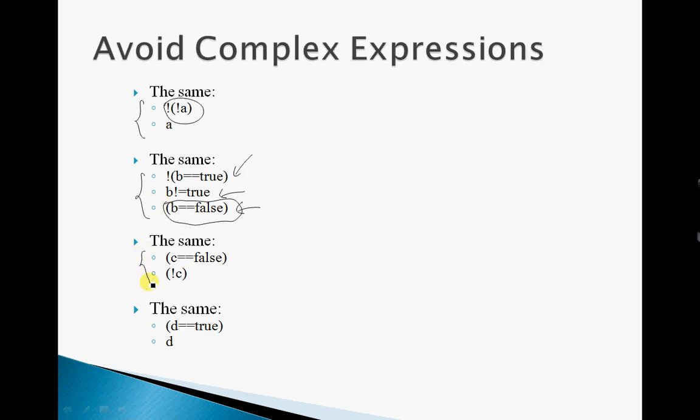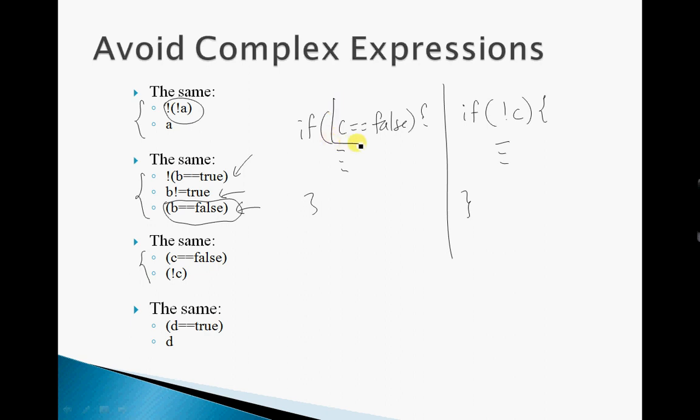Alright, look at these two. C equals false is the same as not C. Let me give an example. If C equals false, do something. This is the same as if not C, do something. These two expressions are identical.